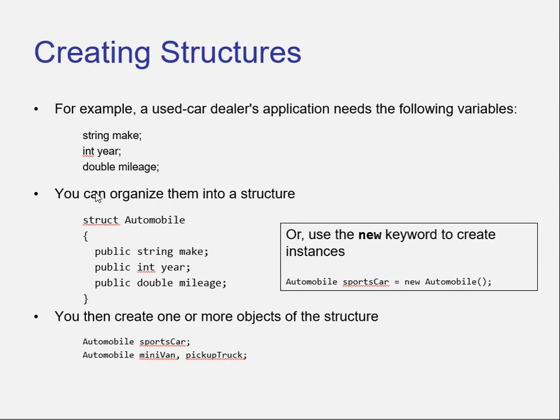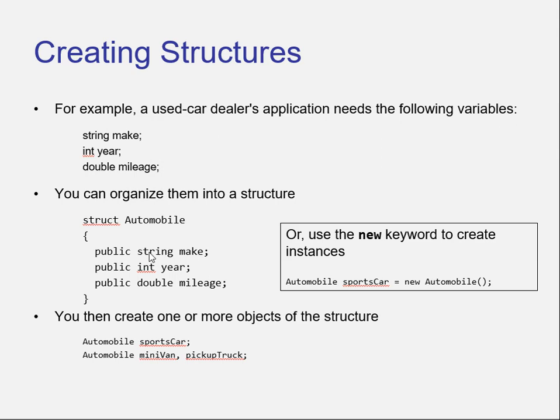So what we can do is put that inside of our own structure by declaring struct and then Automobile. So Automobile becomes the name of this particular structure. And the structure includes, in this case, 3 fields.